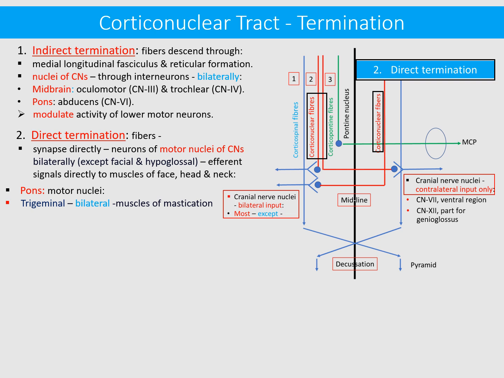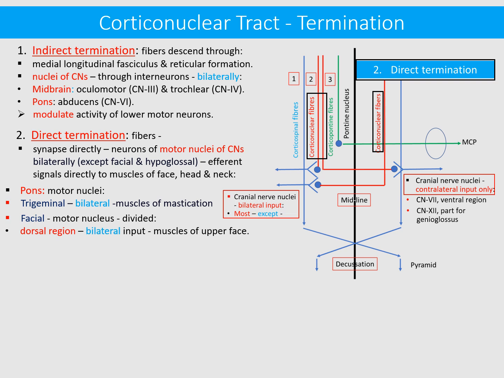Number one, in the pons motor nuclei, out of which first one is the trigeminal nuclei, which receives the bilateral input and controls the muscles of mastication.